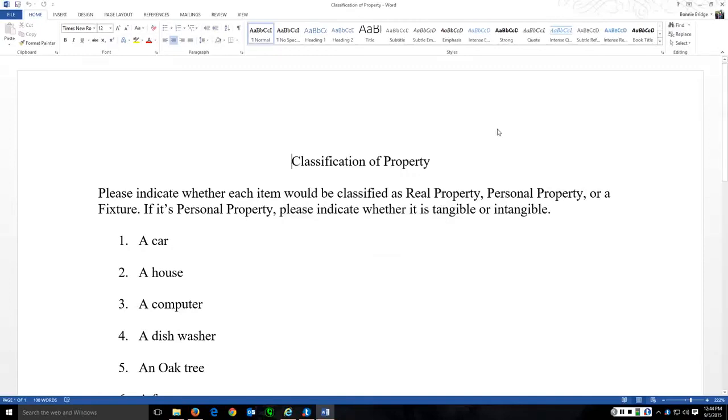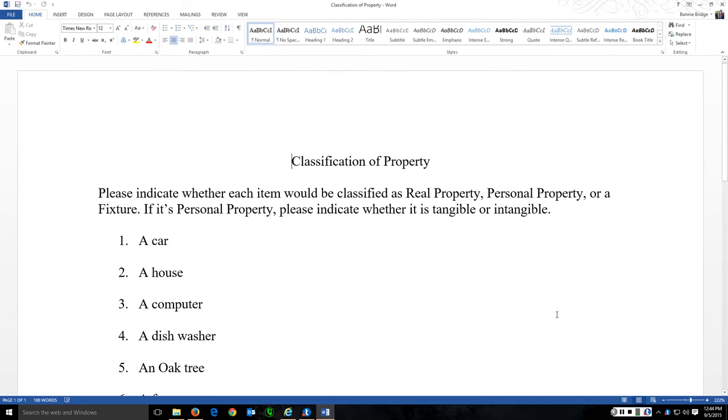Hello again. So, okay, here is our activity to help us look at how property is classified, whether it's real property, personal property, or a fixture. I hope that you were able to find this document, Classification of Property, on the Blackboard file.